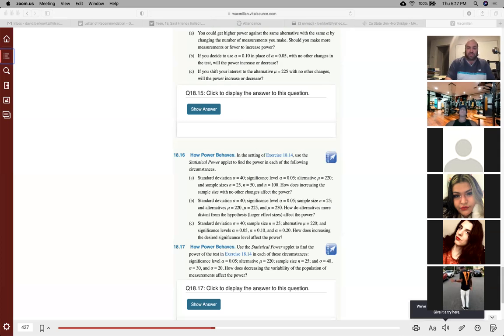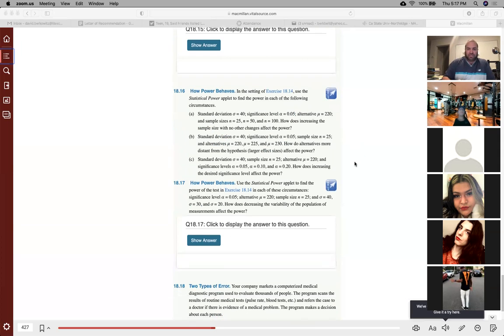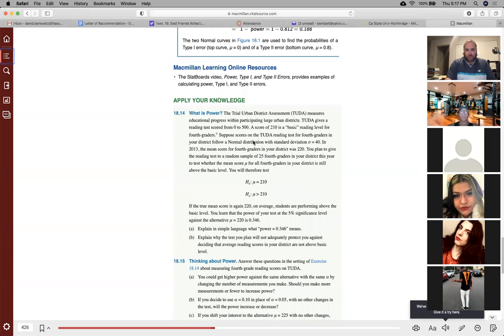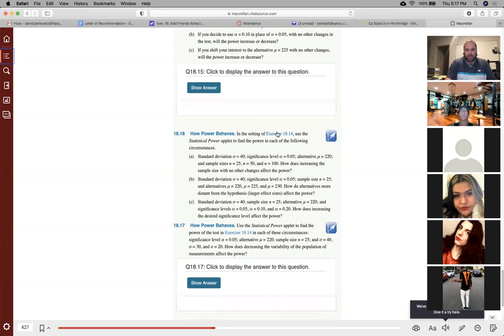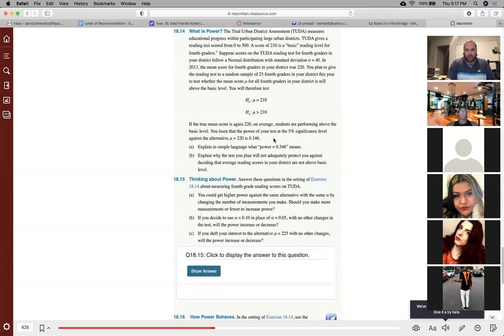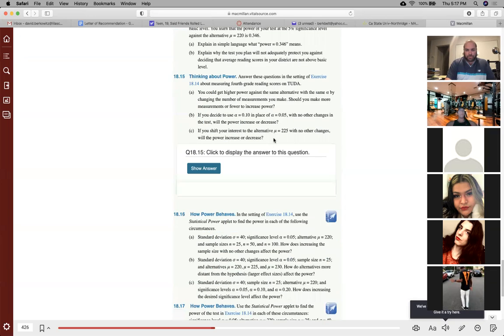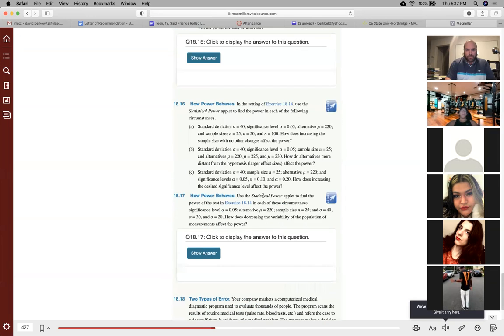So let's look at 17. It says, use the statistical power applet, which I don't know how to find. Actually, it's 18.14. Is it this? I don't know, we'll see. Use the statistical power applet to find the power of the test.